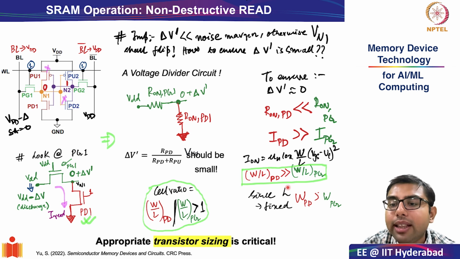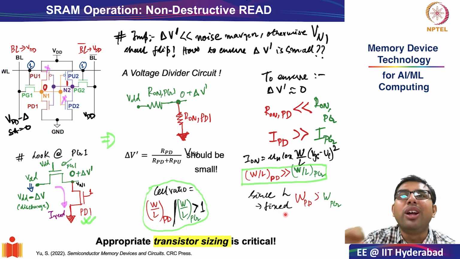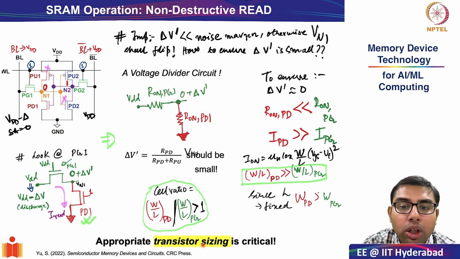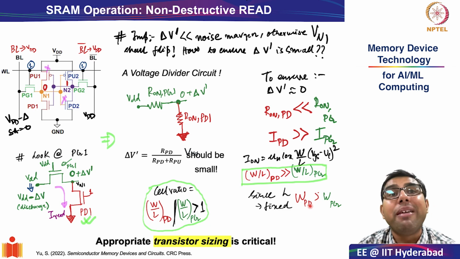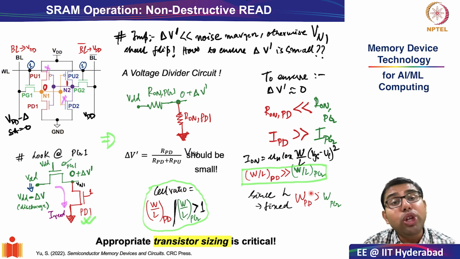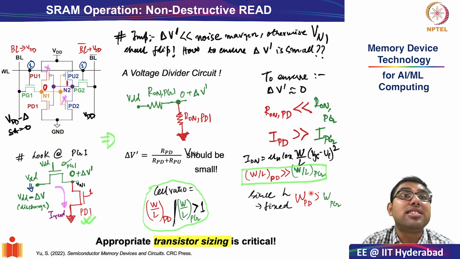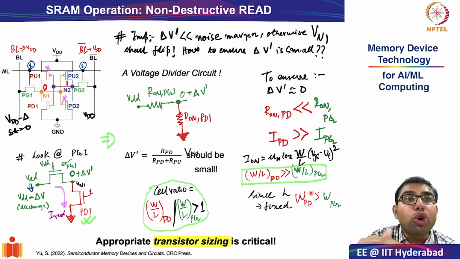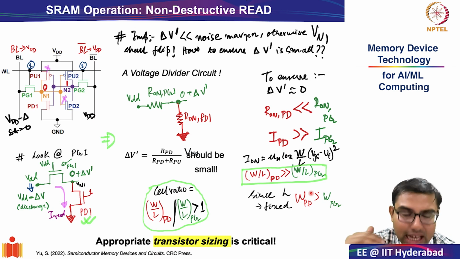It is basically the channel length is fixed. Therefore, the only lever when we try to change lithographically through transistor sizing is generally the width of the transistor. For planar CMOS technology it is the width of the transistor, and when you go to FinFET technology, it is the W effective, which can be controlled by the number of fins, and that is something that we will see very soon.